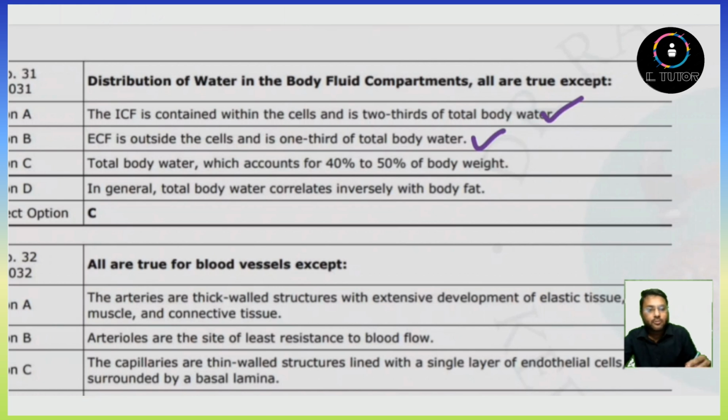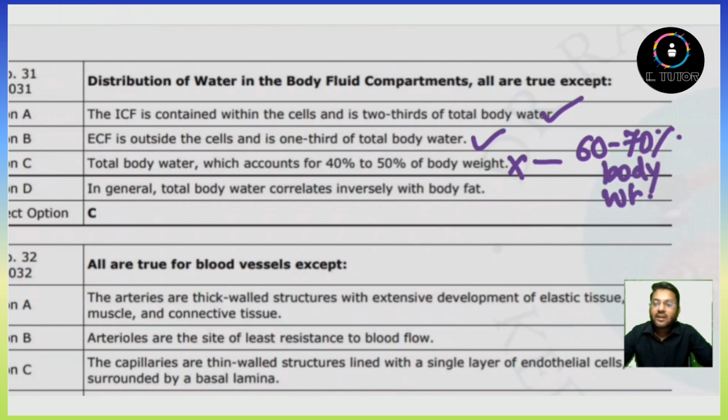This is not true, because total body water accounts for 60 to 70% of the body weight. And in general, total body water correlates inversely with body fat. This is true. So the answer will be option C.